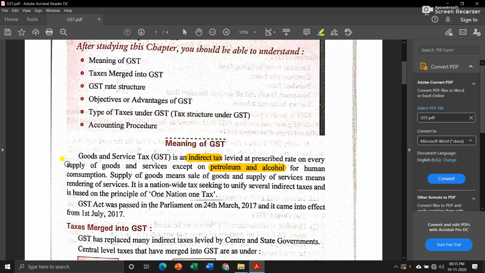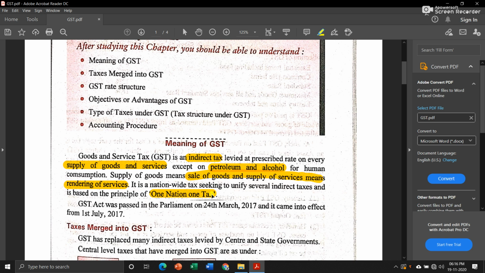In this definition they have given supply of goods and services. It is nothing but sale of goods and supply of services, meaning rendering of services to someone. It is a nationwide tax seeking to unify several indirect taxes and is based on the principle of one nation, one tax.